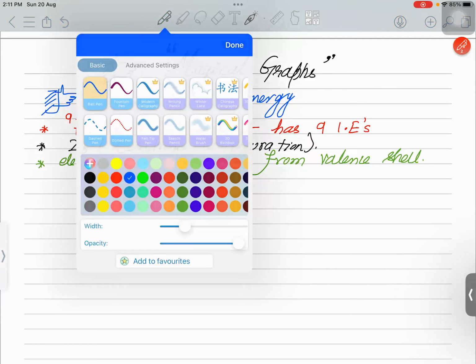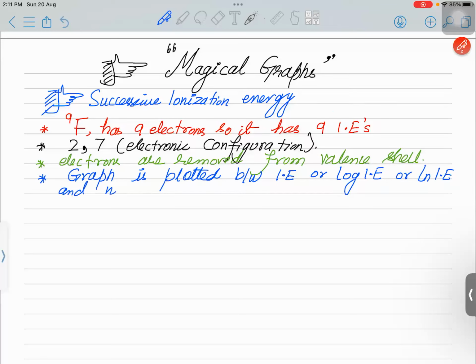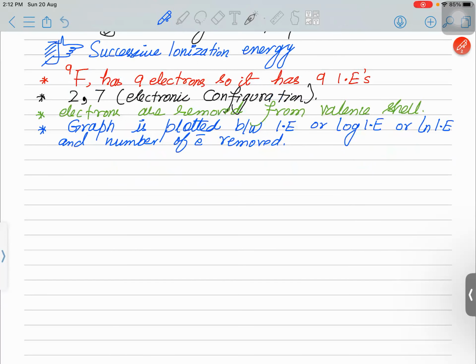So next point, the graph is plotted between ionization energy, or log ionization energy, or sometimes natural log ionization energy, and number of electrons removed.